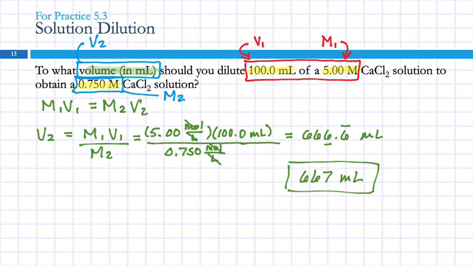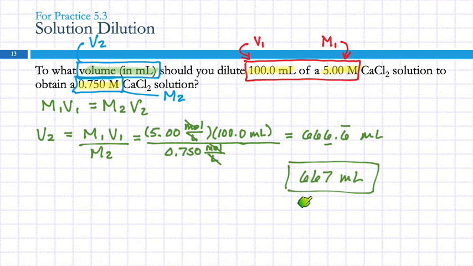And then we should always check and make sure that our answer is making sense. So we're talking about taking 100 mils of this and adding water to it, diluting it. Is that going to make the volume get bigger or smaller? Bigger. The volume's going to get bigger because we're adding water.